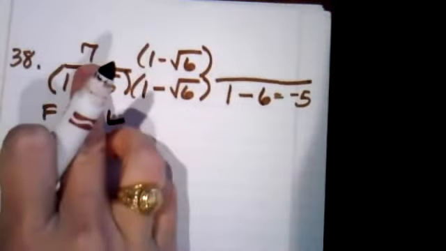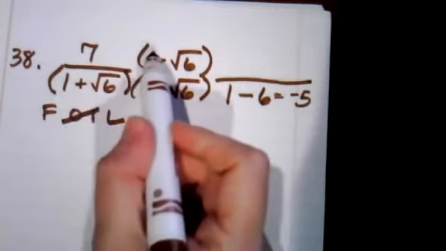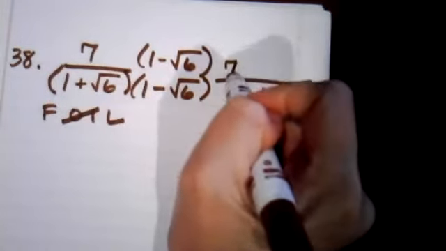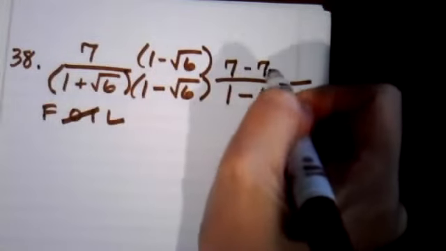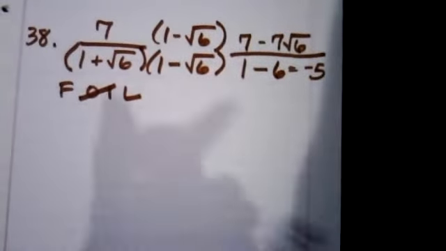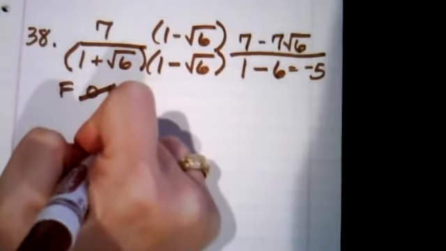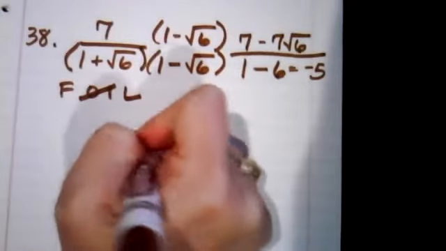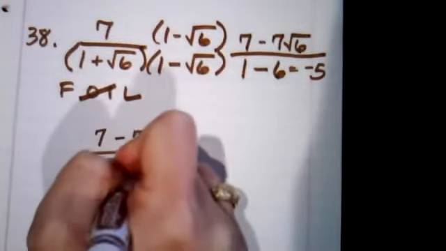Okay, and then on top, we're going to actually distribute. 7 times 1 gives you 7, and 7 times a negative square root of 6 gives you this. So our final answer on this is 7 minus 7 times the square root of 6 all over a negative 5.